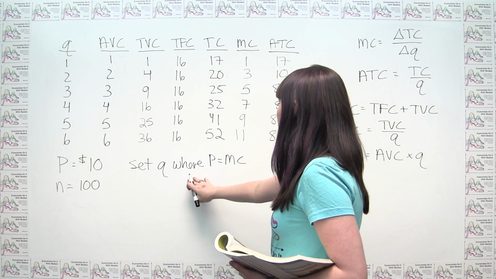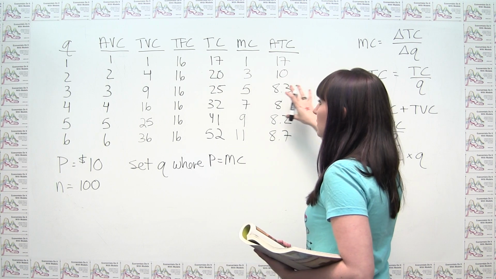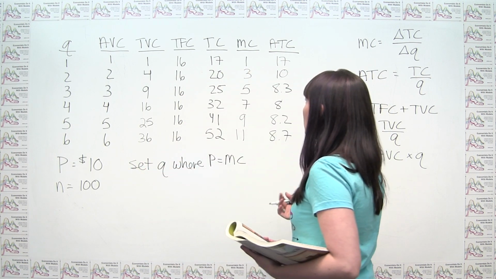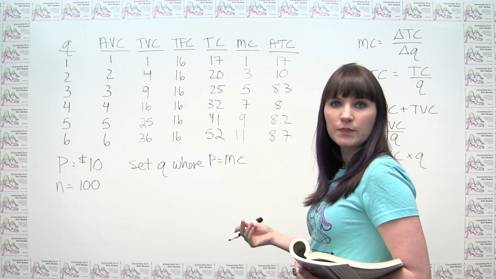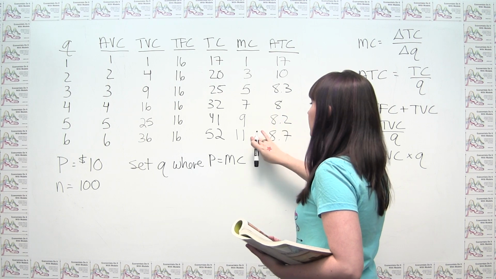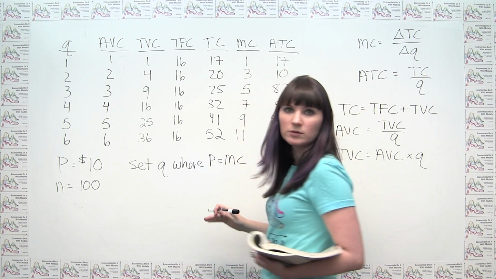So we could say here, okay, let's see what quantity exists where the price of 10 is equal to the marginal cost. And what we see is that we don't have anything where that's exactly true.